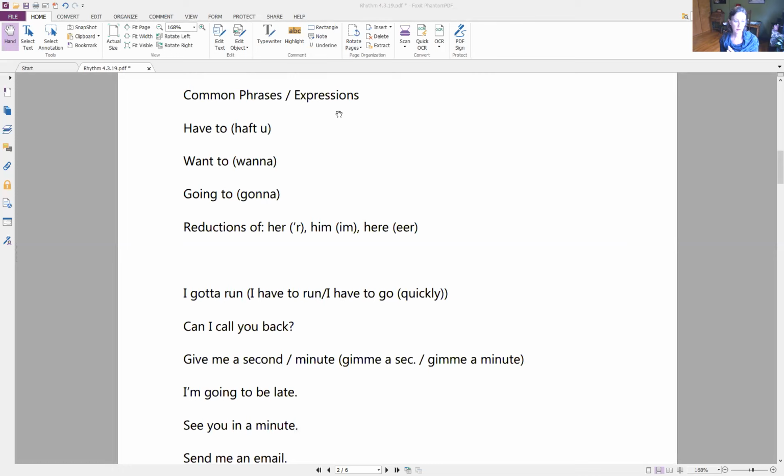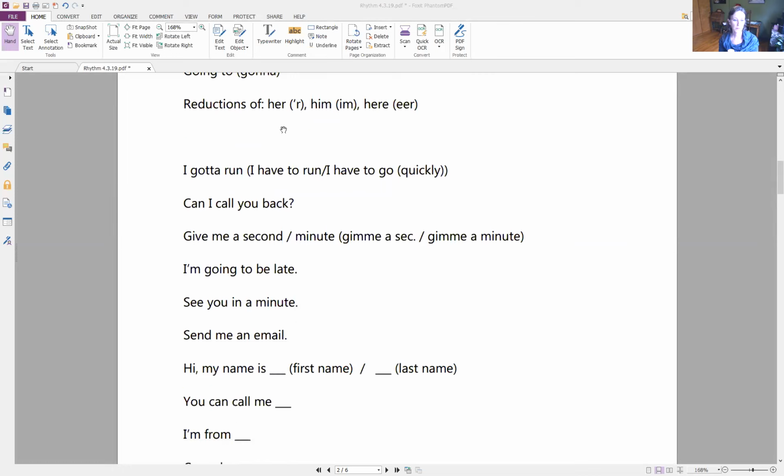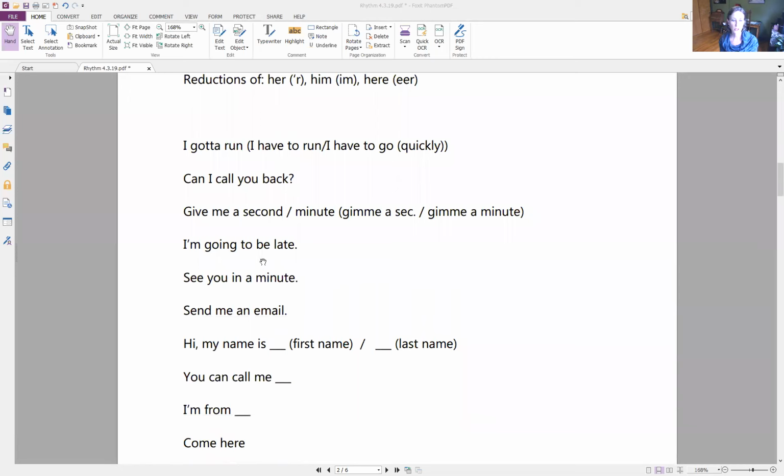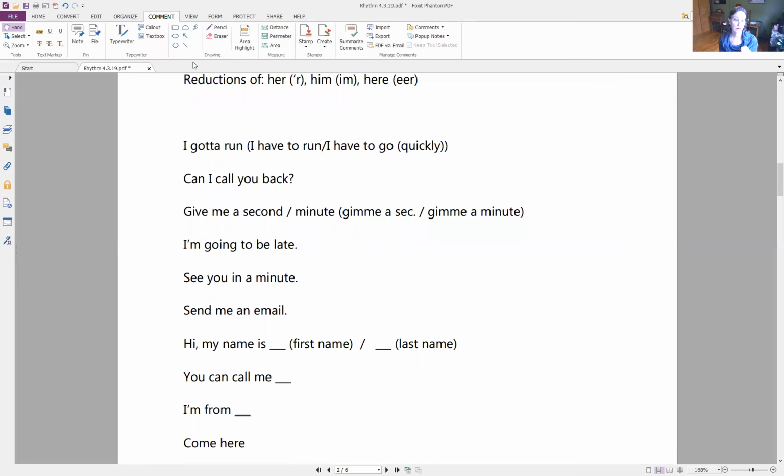So let's look at some examples. Let's look at the example here of I'm going to be late. Going and late are my key words. Those are going to receive some stress because they carry meaning. Now, go is this key stressed syllable here, so that will get preserved, and late will get preserved.